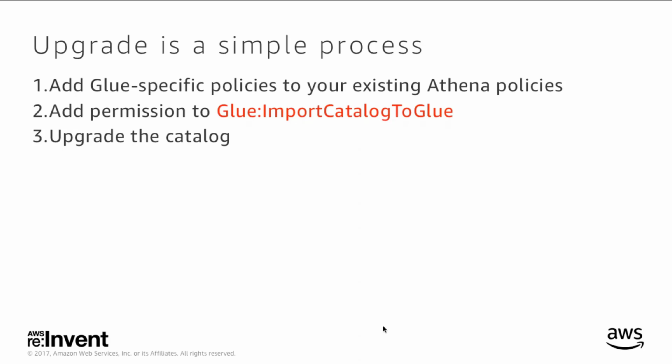So we introduced this additional permission that the administrator will have to include in their account, so they have the permission to say, yes, go ahead and update my data catalog, rather than allowing anybody to click the button and say migrate data catalog. That's just a protection that we've added. So when you're ready to do that migration, add this IAM policy to your admin role, and you'll be able to migrate your data catalog.